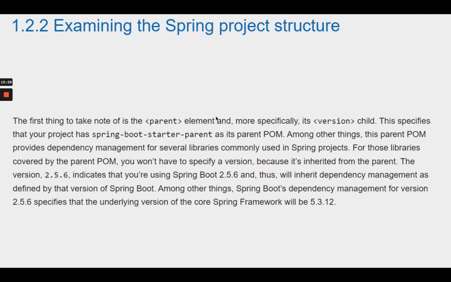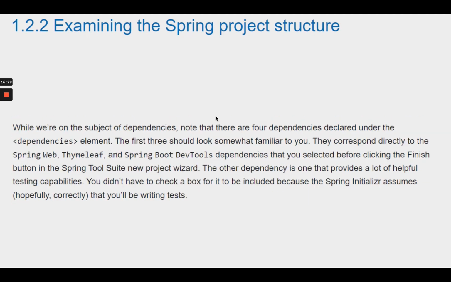For those libraries covered by the parent POM, you won't have to specify a version because it's inherited from the parent. The version 2.5.6 indicates that you're using Spring Boot 2.5.6, and thus will inherit dependency management as defined by that version of Spring Boot. Among other things, Spring Boot's dependency management for version 2.5.6 specifies that the underlying version of the core Spring Framework will be 5.3.12.